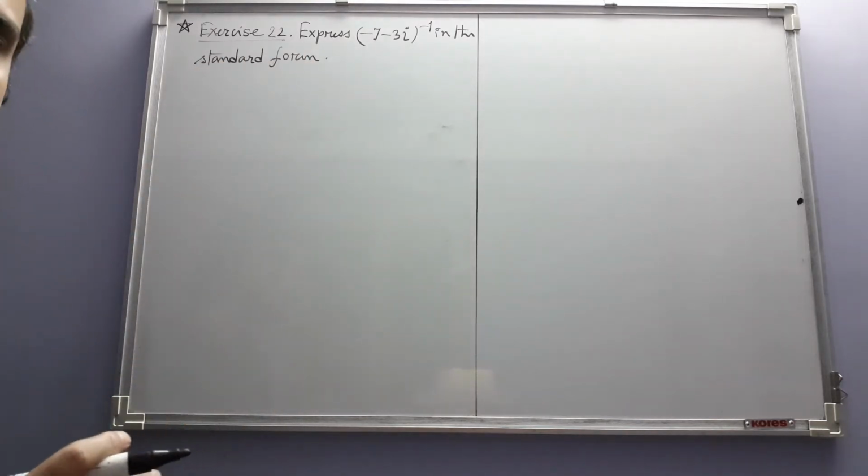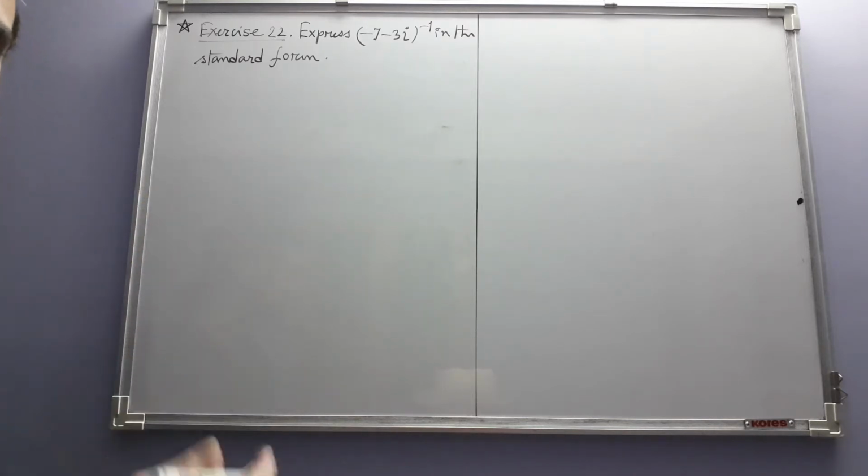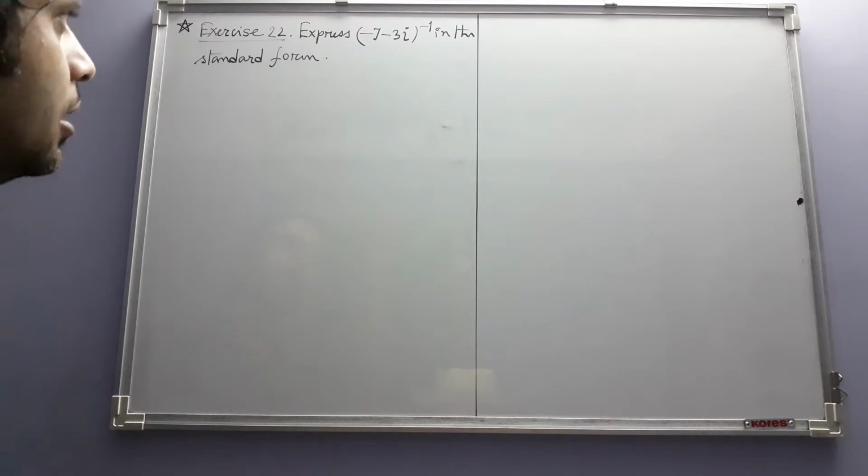A complex number is said to be in the standard form if it is expressed in the form a plus ib, where a and b are real.